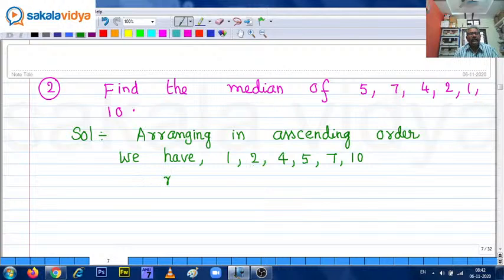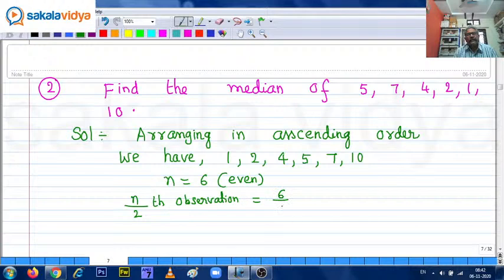That means actually here n is equal to 6, even. This is even. Now find the n by 2th observation. That means 6 by 2 is the third observation. The third observation is 1, 2, 3, 4.